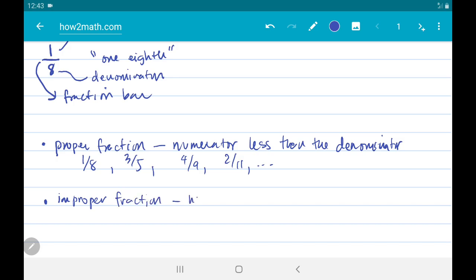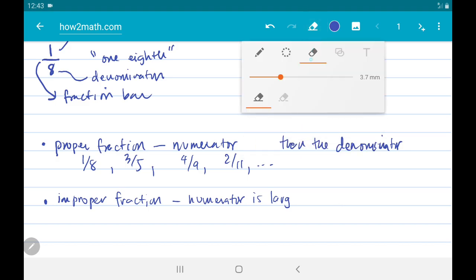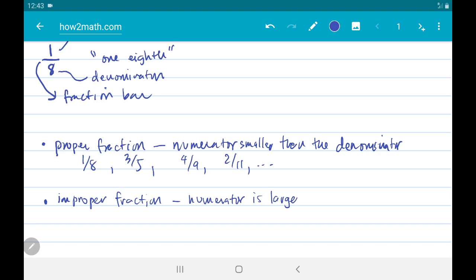Here, the numerator is larger, or smaller, or equal to the denominator.